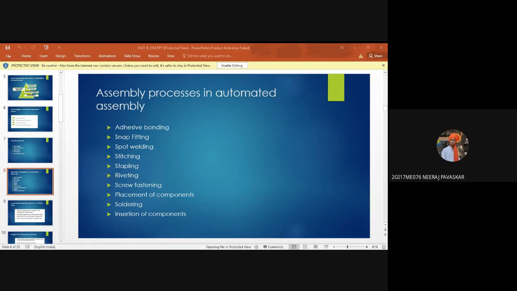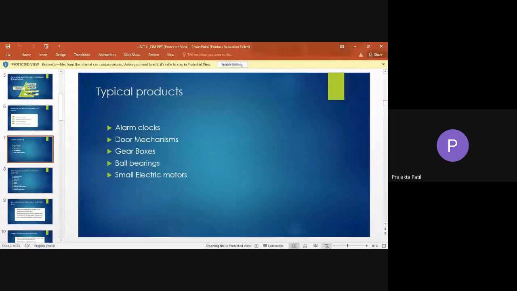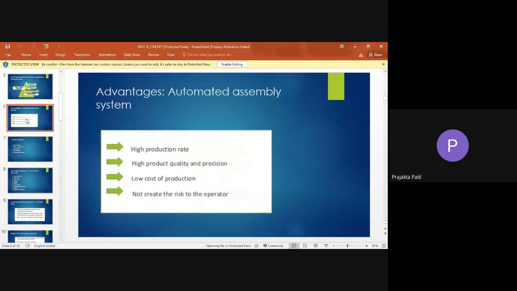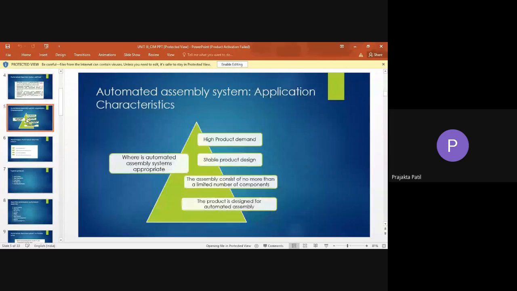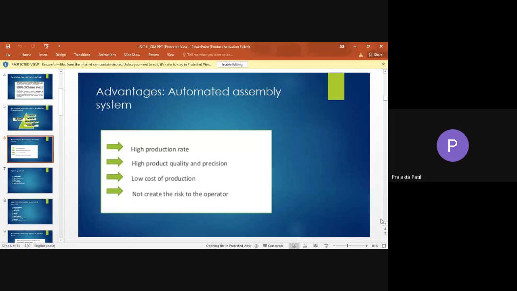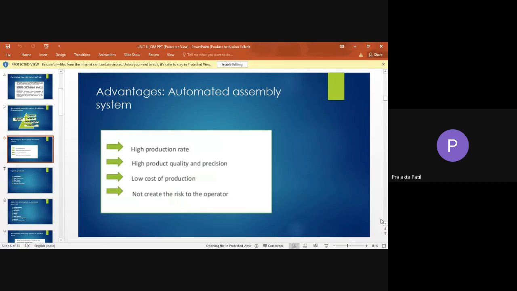Slide 8. Okay, so this is visible. Yes, ma'am, now it's changing. Okay, now I have not put it into the presentation mode. Without presentation mode, if I'm changing, is it visible? Yes, ma'am. Okay, so I'll just keep it like this only.